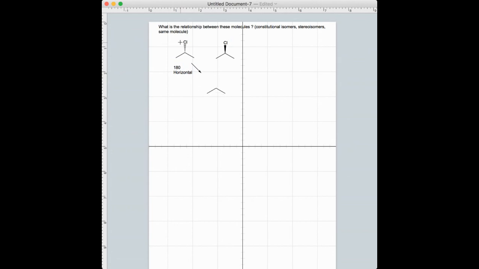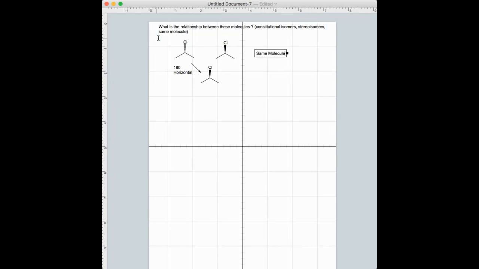And whenever you flip horizontally, anything that is dashed is going to become wedge and vice versa. Remember, we also went over that before. So by flipping, I can turn my structure into something that does match. So clearly, these two molecules are the same molecule.